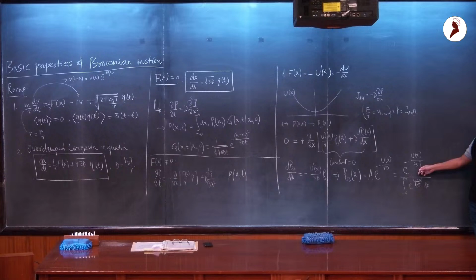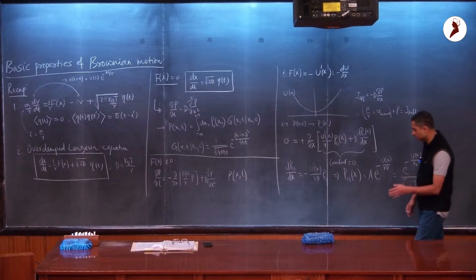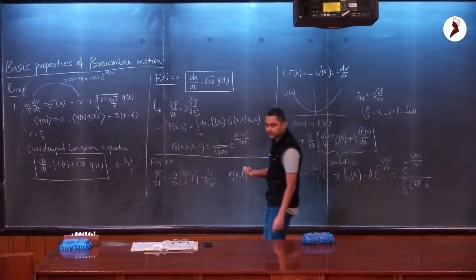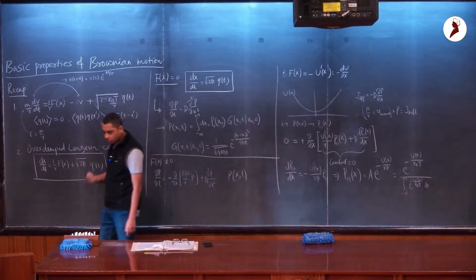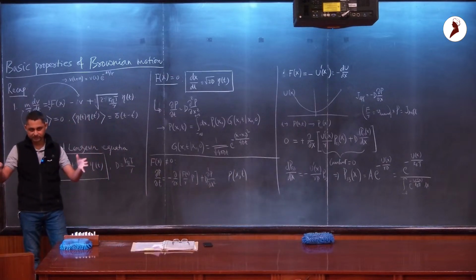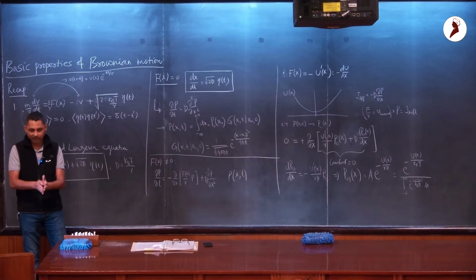My question is regarding how we can know that there is a steady state. We are now going to see how you know that there is a steady state. We are assuming that we have a confining enough potential, so that it confines this particle.